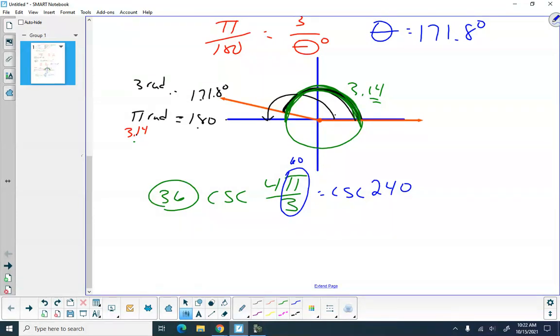Now when you get to this level and you've been through all that, that's how you advance yourself in the mathematical world, using the idea of some mental math. Pi over 3, I want to change it to degrees. Well, what's 180 divided by 3? What's 18 divided by 3? That's 6, and I add my 0. So this is 60 degrees. What's 4 times 60? 4 times 6 is 24, then we add our 0 to get 240 degrees.